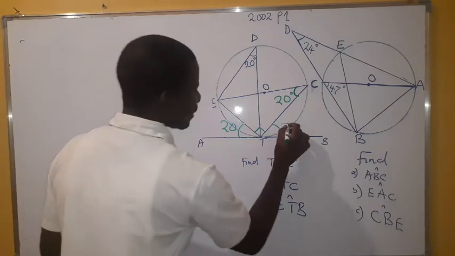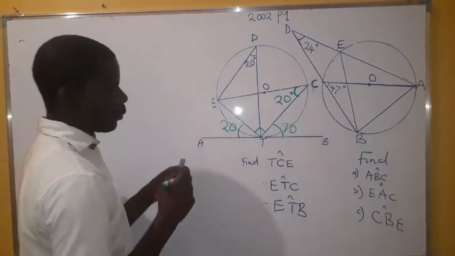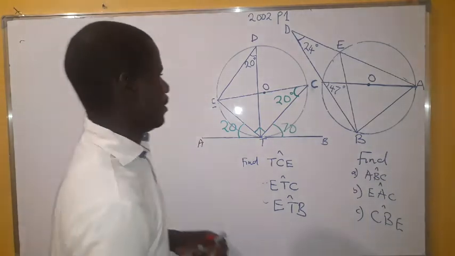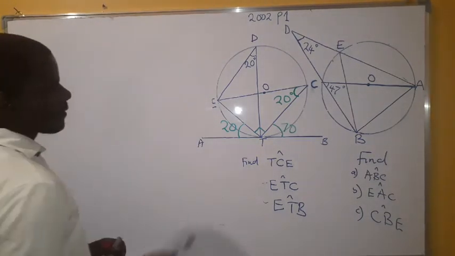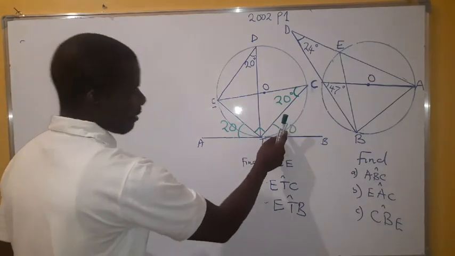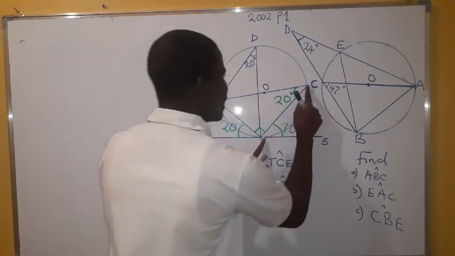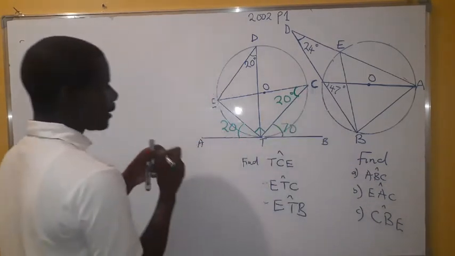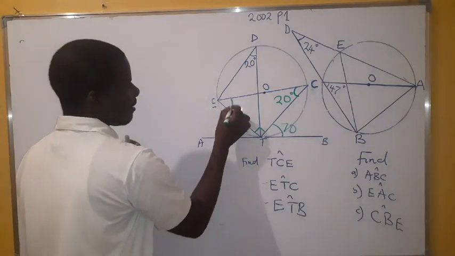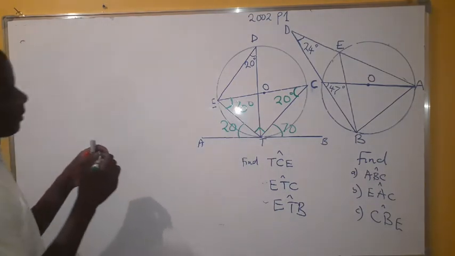So this angle is 70, so that 3 angles on a straight line add up to 180. Are we together? Then after we have found that this is 70, we can look at the angle in the alternate segment, which is also 70. It's this one. This is the 70. Okay?